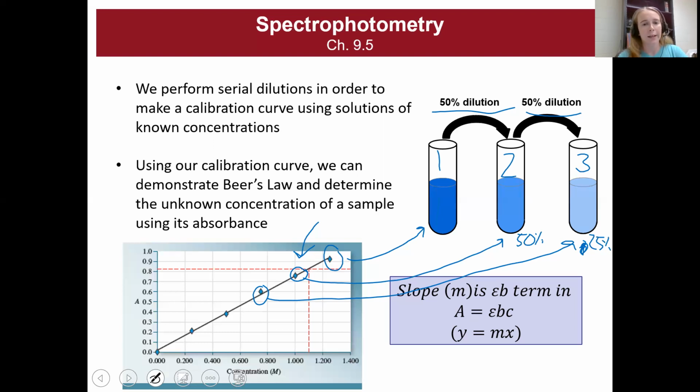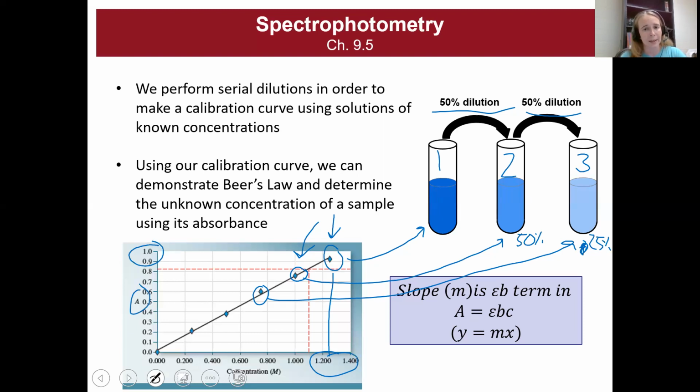Anywho, these points on our calibration curve correspond to our different dilutions. The most concentrated one is going to be the first one. So the highest concentration on the x-axis has the highest absorbance on the y-axis.